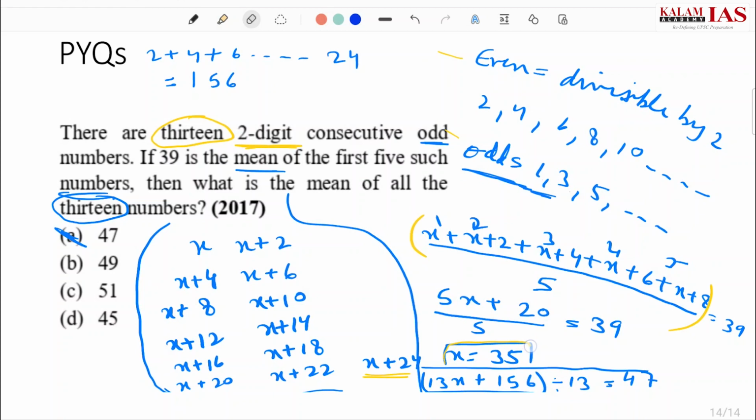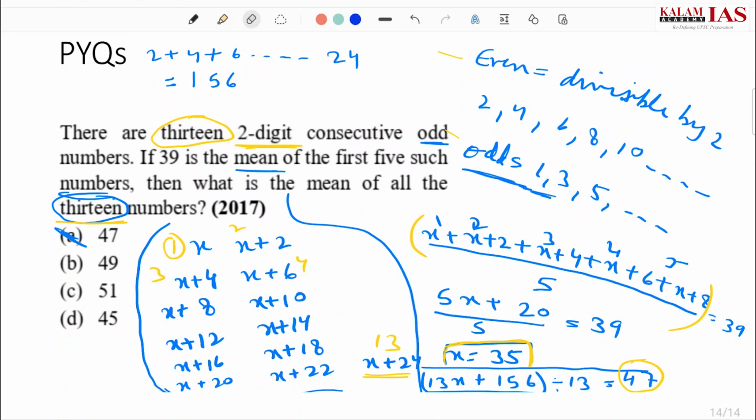Our first number comes out to be 35, and now they are asking the mean of all 13 numbers. We simply add all these 13 numbers and divide by 13, because we have a total of 13 numbers, and substitute the value of x, and we get 47. So the mean of all 13 numbers is 47.